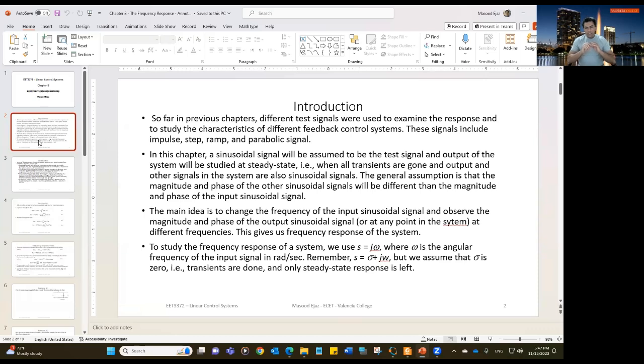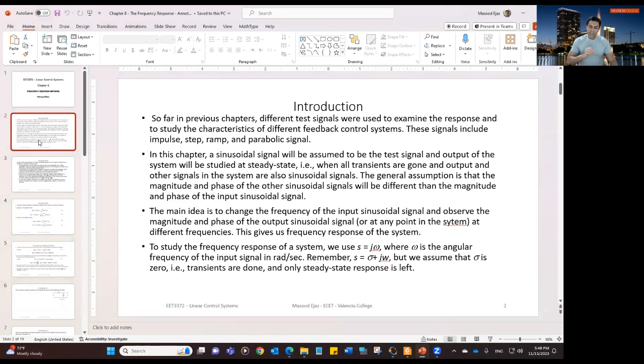When we are changing the frequency of the input, that means the input must have a frequency. A sinusoidal signal is the signal that we use as a test signal, because we can change the frequency of the sinusoidal signal, and we can look at the response at different spots to see how the output is changing.